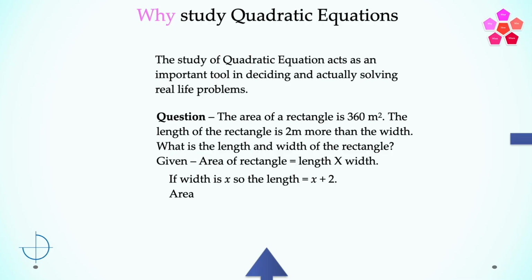So we have (x + 2) multiplied by x, which is equal to 360 meters square. On simplification, this becomes x squared + 2x - 360 = 0, which actually is a quadratic equation.